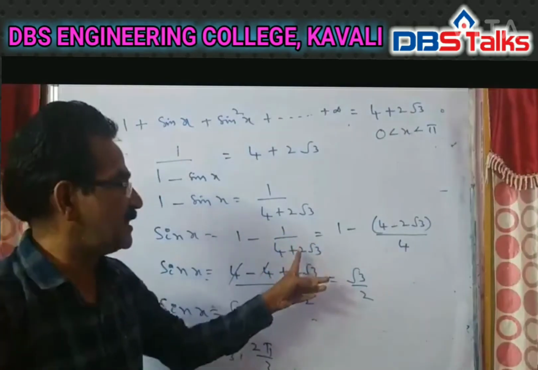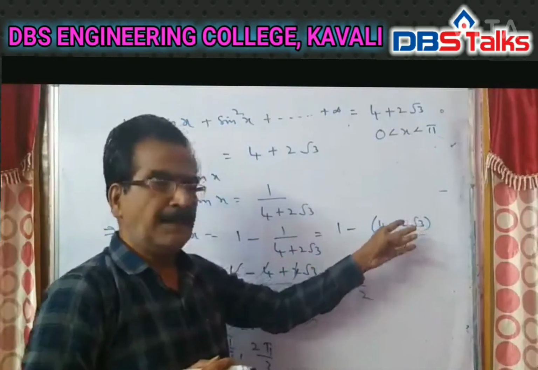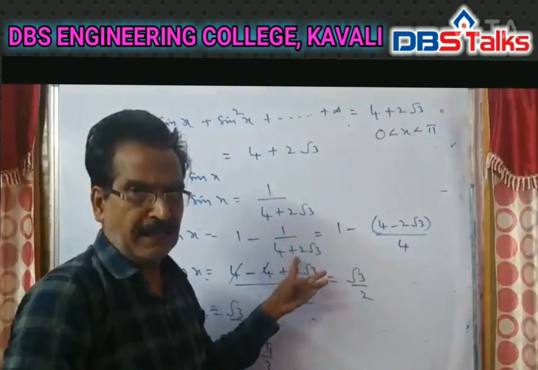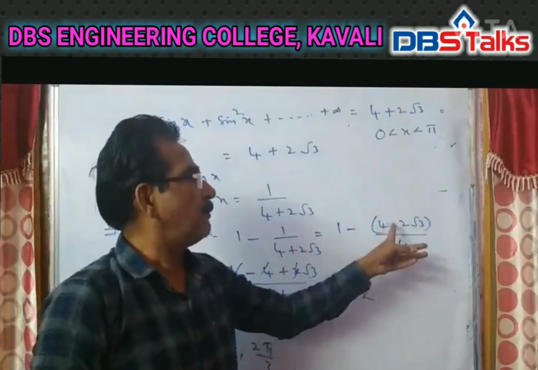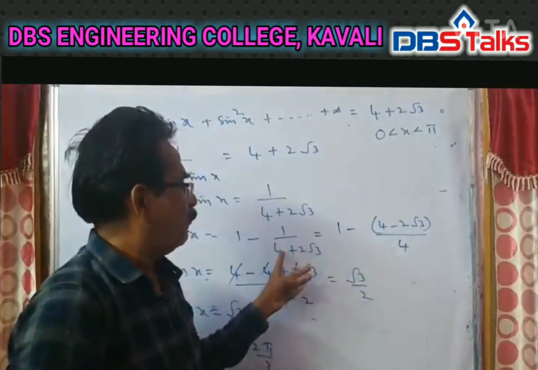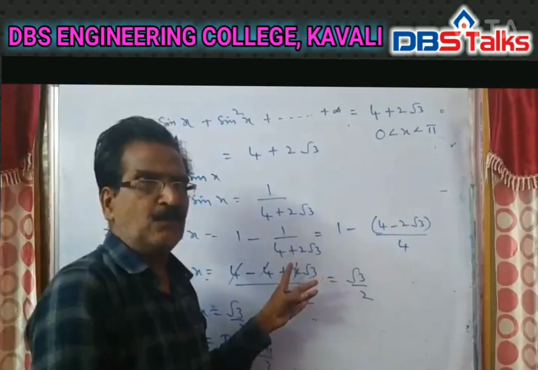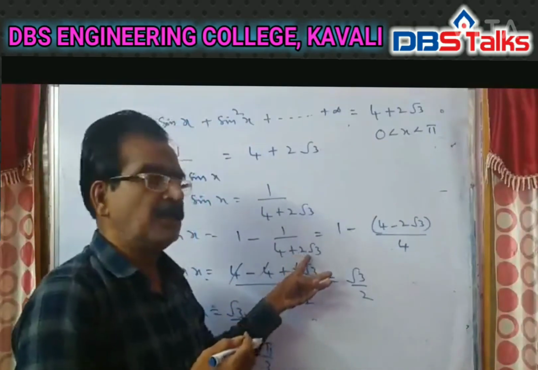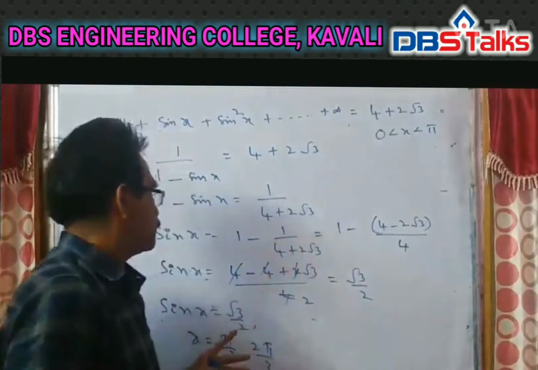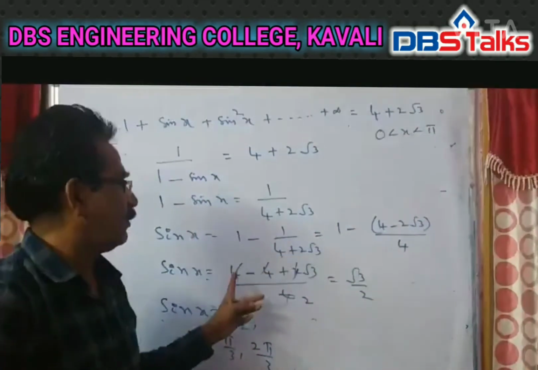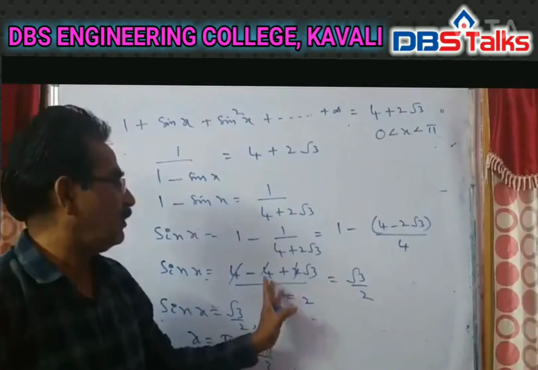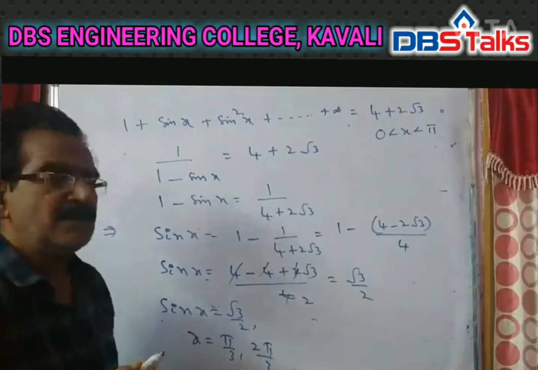We rationalize by multiplying numerator and denominator with 4 minus 2 root 3, giving a square minus b square, 16 minus 12, which is 4. So this comes to root 3 by 2.